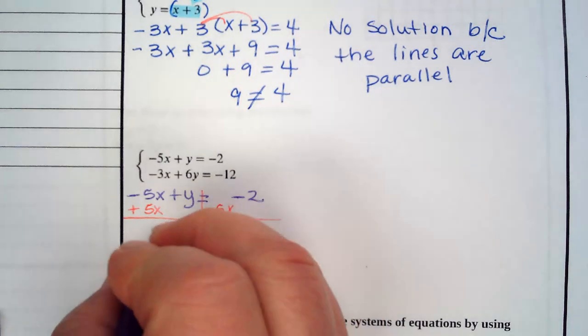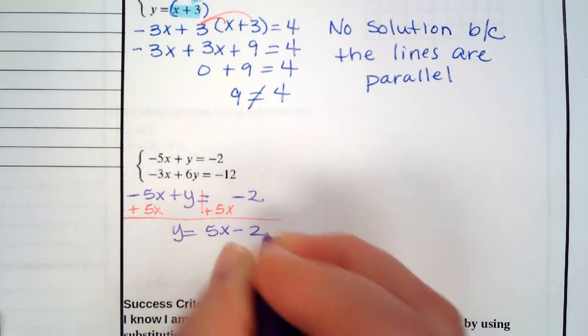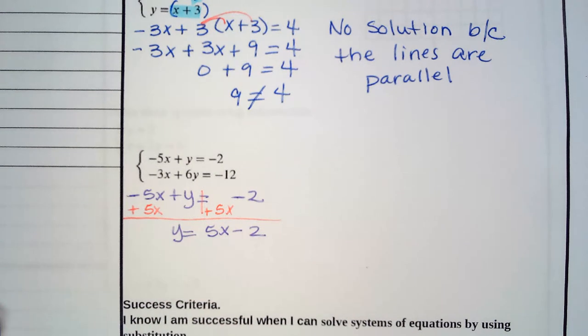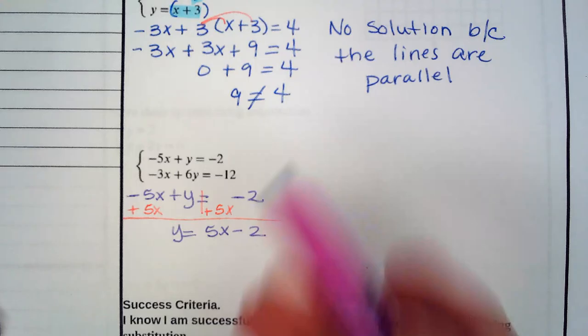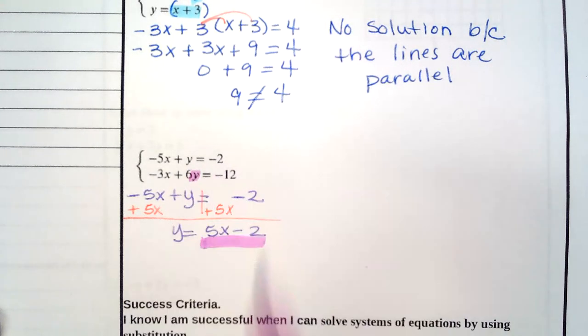Y is equal to 5x minus 2. Now I can solve. I'm going to put this expression into the second equation.